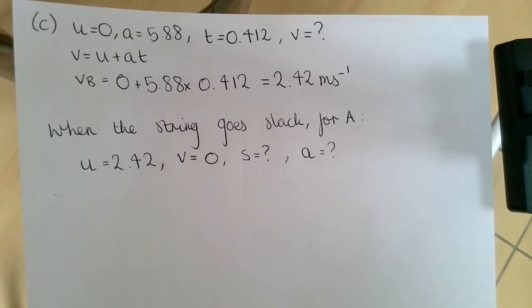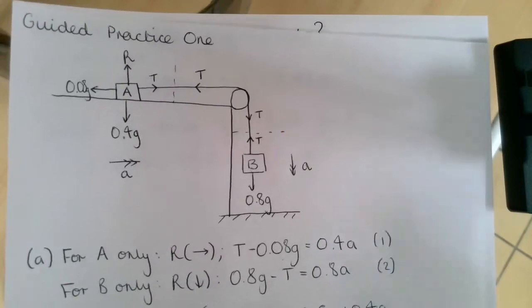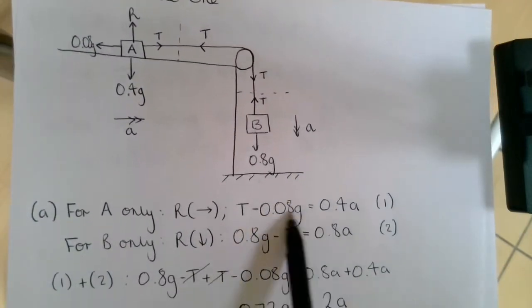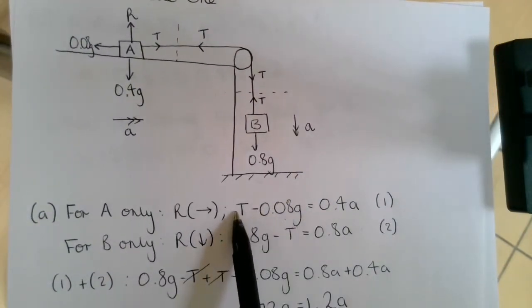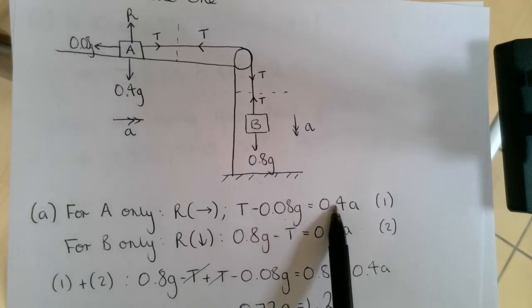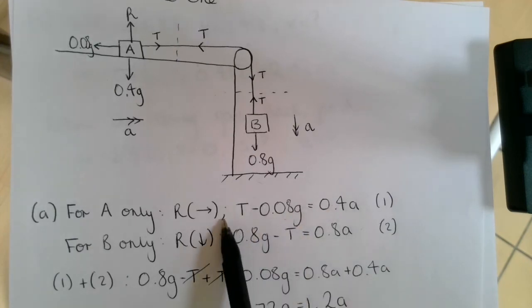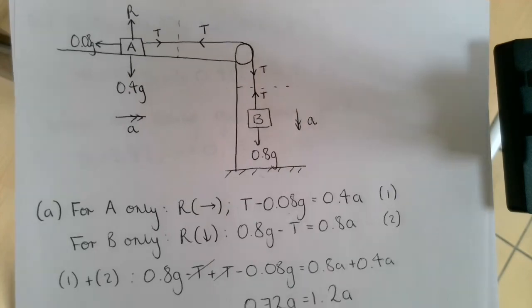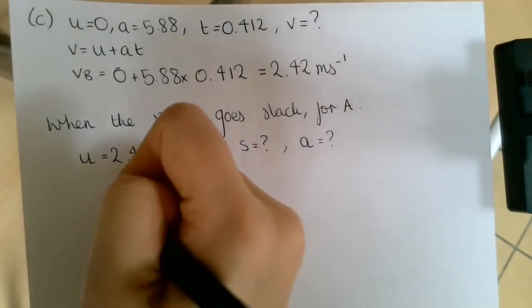So to find out what A is, if we look at part A, we wrote down these two equations. Now equation 1, we had T minus 0.08G is equal to 0.4A. Now we just discussed that when the string goes slack, the tension is equal to 0.